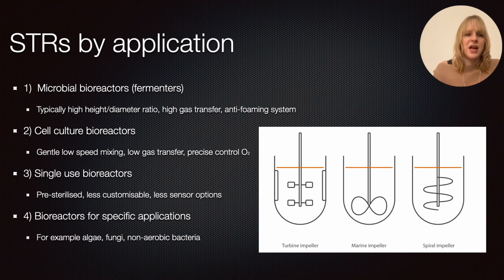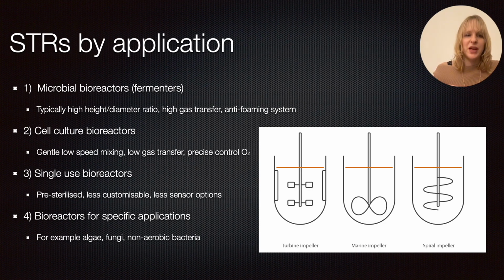And here, particularly, the anti-foaming system becomes really important. There are also different impellers associated with this, and some of these impellers generate much higher shear, which you will need to facilitate high gas transfer, whereas other ones, such as your marine impeller, need less energy input to facilitate the mixing. These are more suitable if you have a very gentle cell culture system where you can't tolerate that much shear.